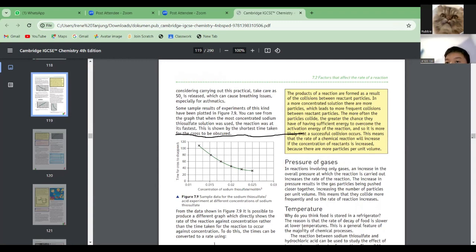It's like your refrigerator, which maintains a temperature to make your food last longer. The rate of decay is lower at lower temperatures because this is a general feature of the majority of chemical processes. The reaction between sodium thiosulfate and hydrochloric acid can be used to study the effect.